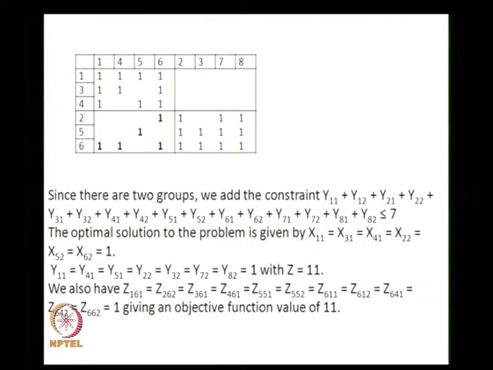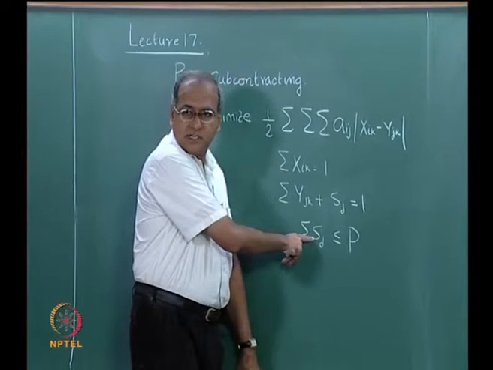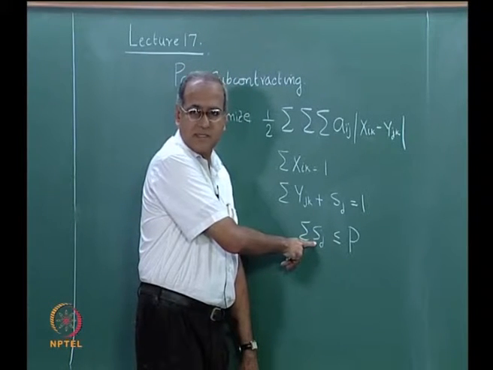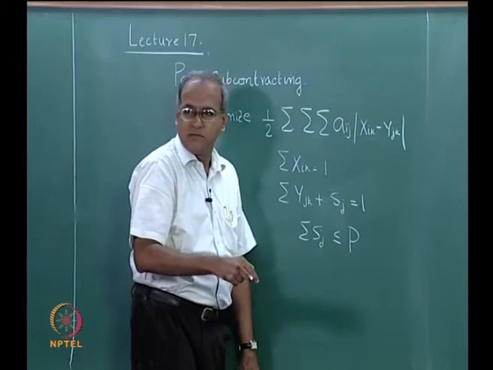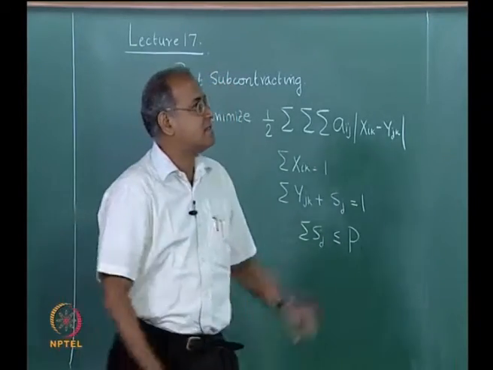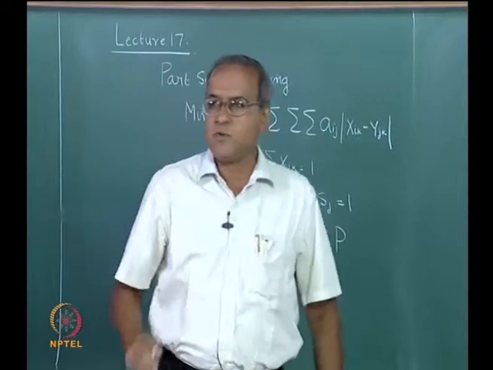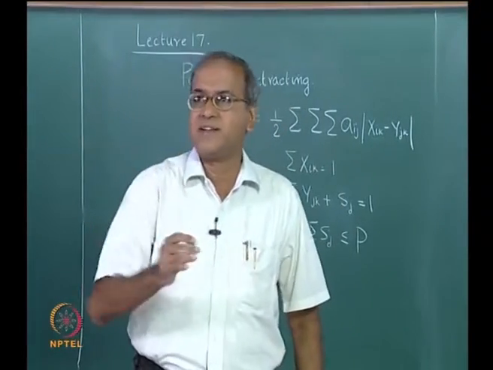So, this is a constraint which says that a maximum of only one part can be subcontracted. It can be written as S1 plus S2 plus S3 plus S4 plus S5 plus S6 plus S7 plus S8 less than or equal to 1. The other way to write it is y11 plus y12 plus y21 plus y22 etc. greater than or equal to 7.